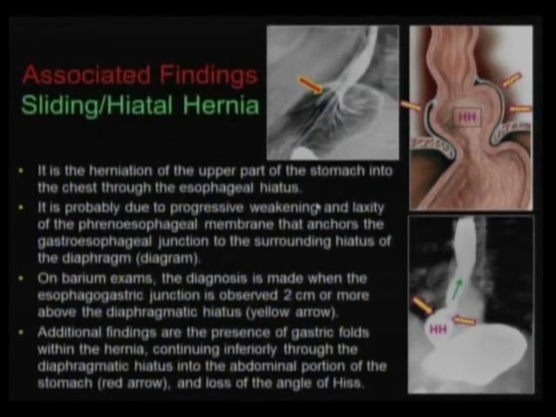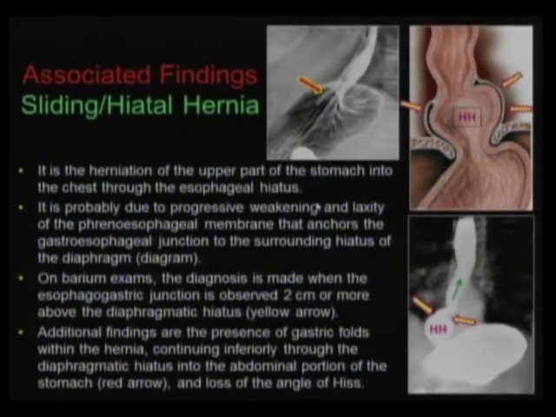The diagnosis on barium exams is when the esophagogastric junction is at least 2 centimeters or more above the diaphragmatic hiatus that is here.